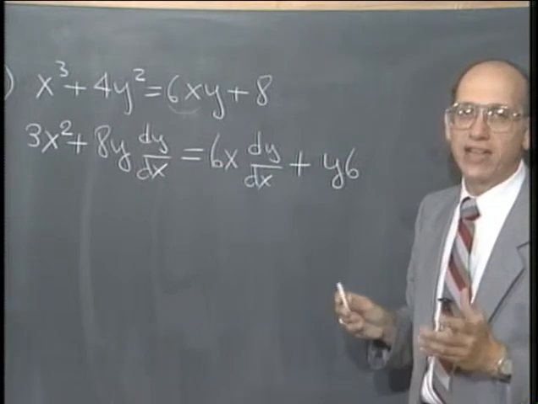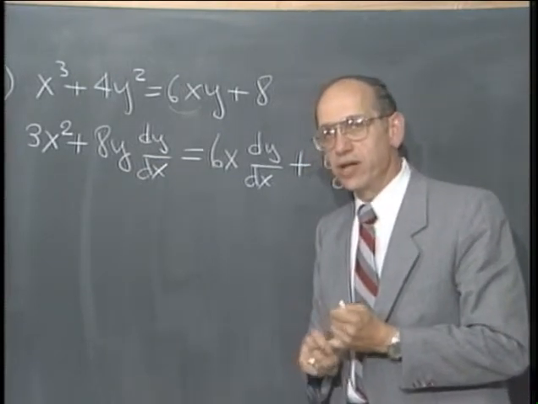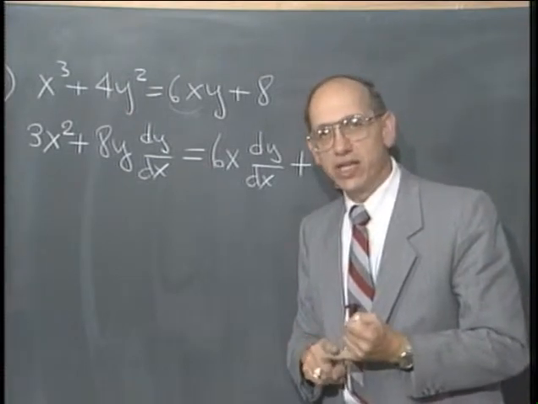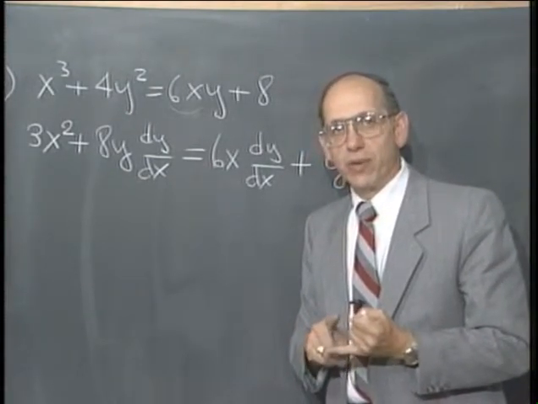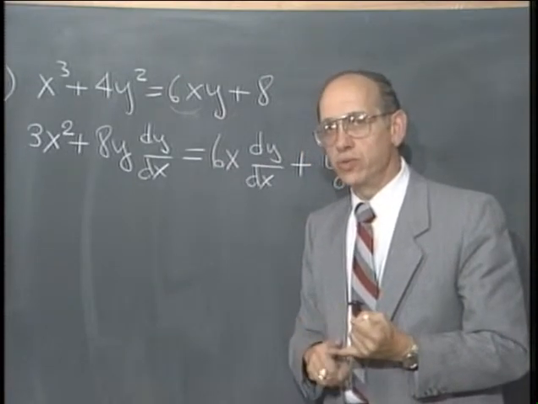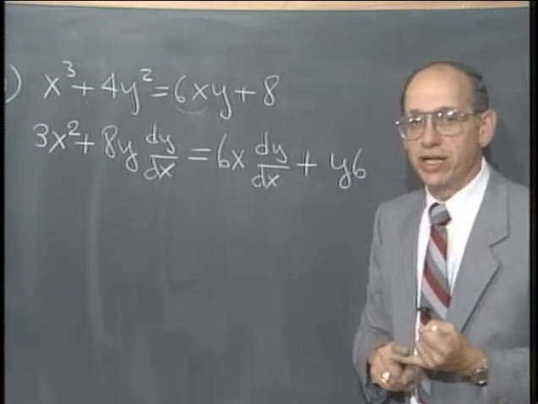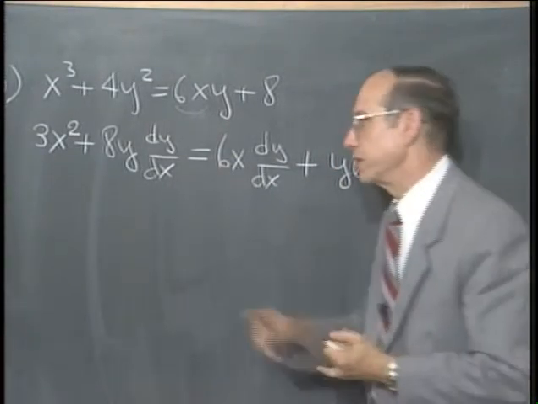Well, I hope not to. After all, we only want to know the slope of the tangent line at the specific point (-2, 1). So I'm going to substitute x equals -2, y equals 1 into this equation and solve for dy/dx at the particular point.